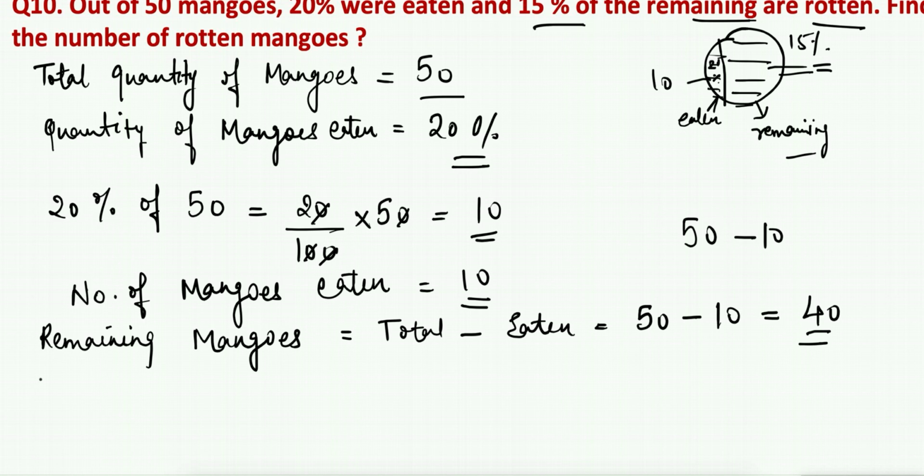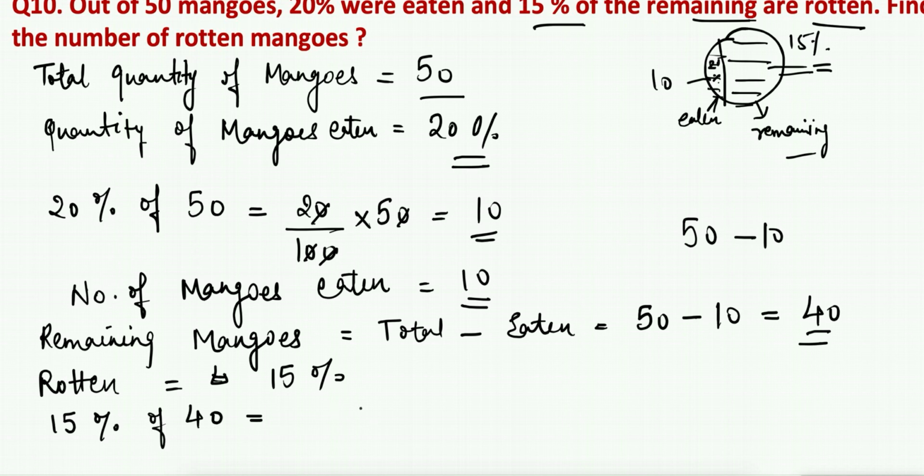So percentage of rotten is how much? 15%. So 15% of 40 are rotten. Now we will find out this. 15 divided by 100 multiplied by 40.